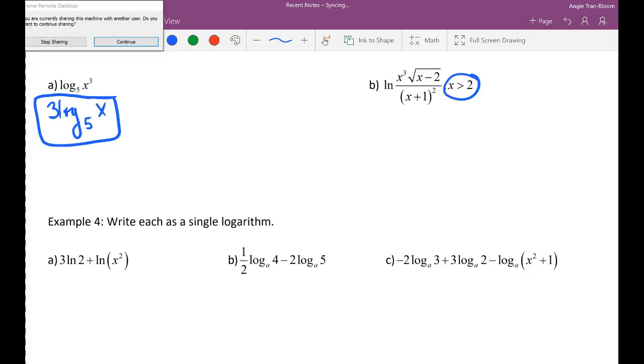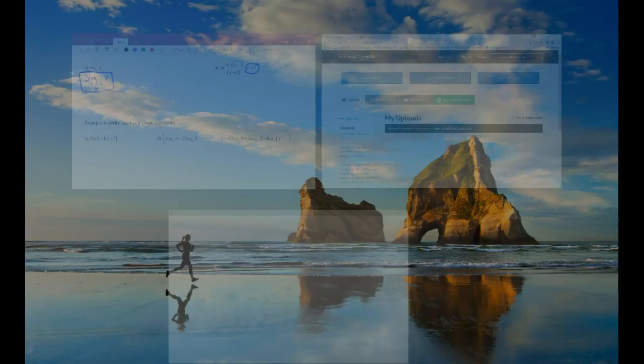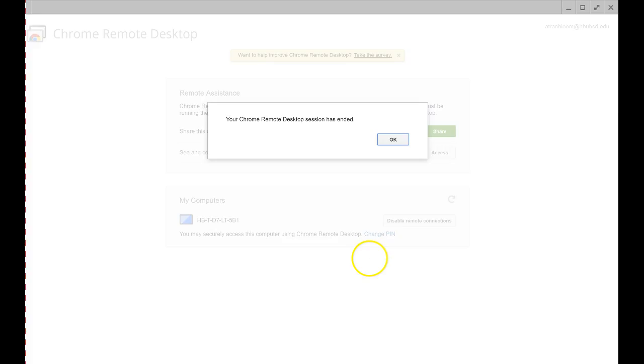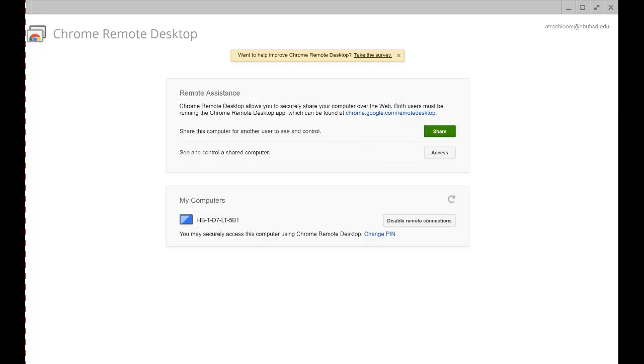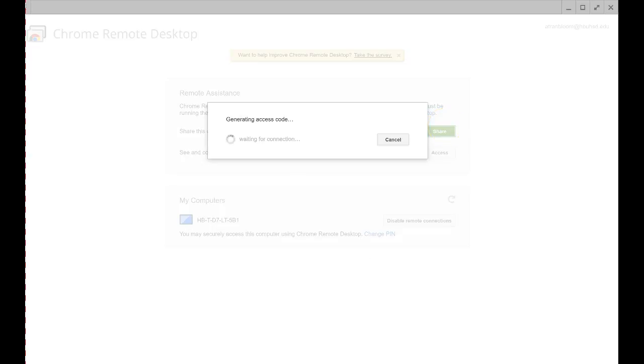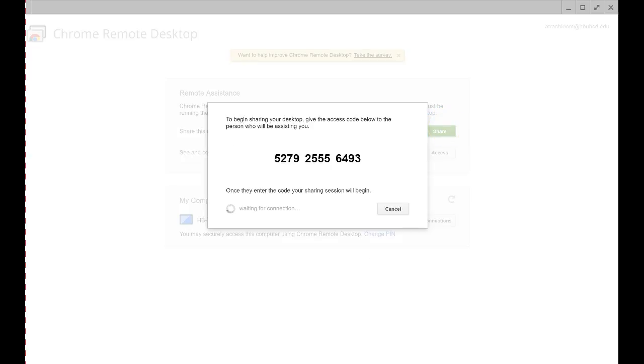I'm going to write on the left-hand side here. Oh, dang it. I was too late. Hold on, let me connect it again. It keeps doing this to me. See, technology.